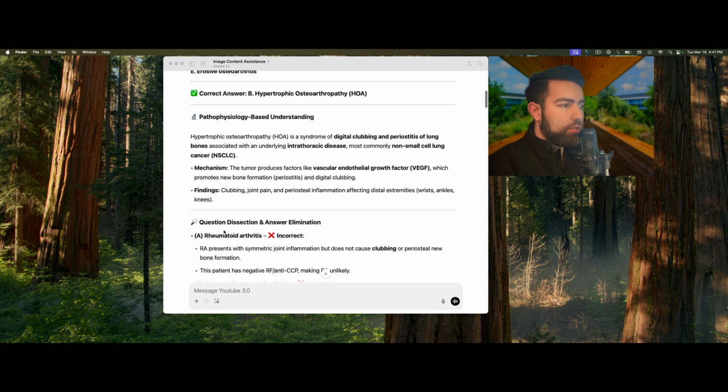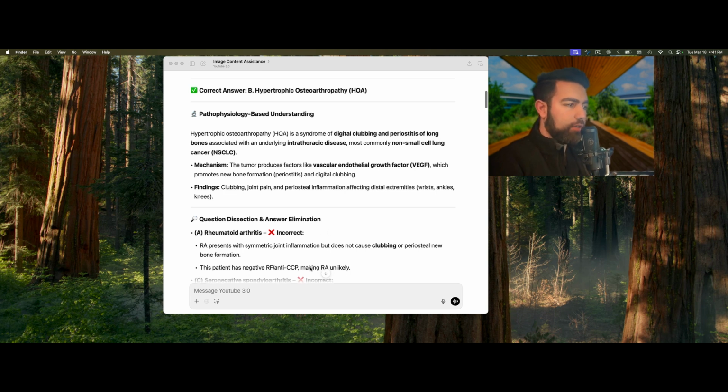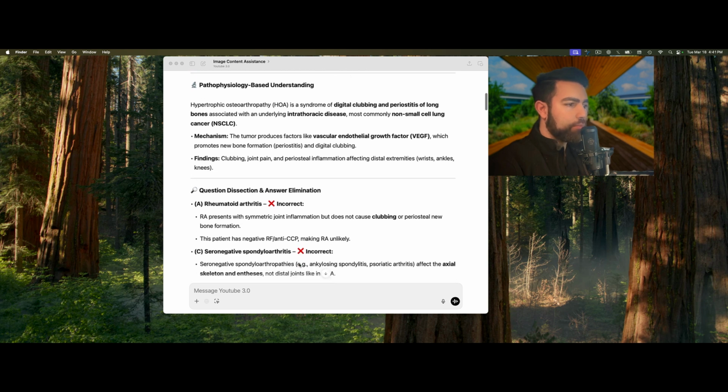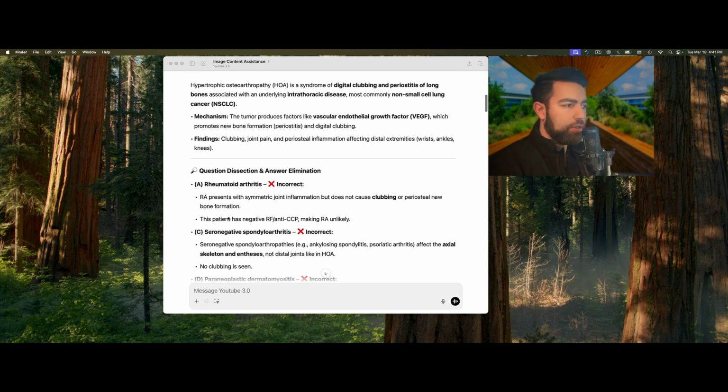And so the first part was rheumatoid arthritis. That's incorrect. RA presents with symmetric joint inflammation, does not cause clubbing or periosteal new bone formation. Also, the markers were negative. The seronegative spondyloarthritis, that's incorrect because those are usually associated with ankylosing spondylitis or psoriatic arthritis affecting the axial skeleton and causing enthesitis, not distal joints like HOA.